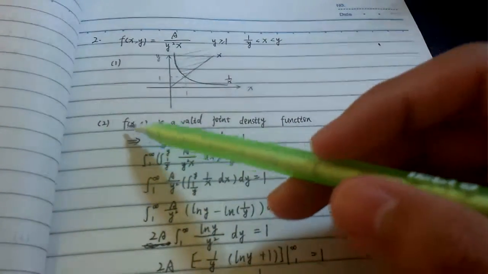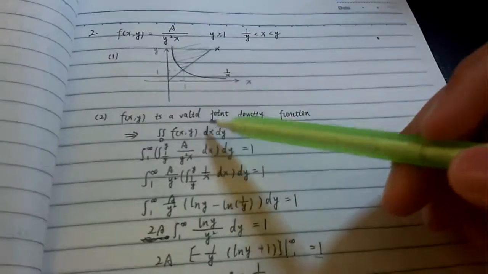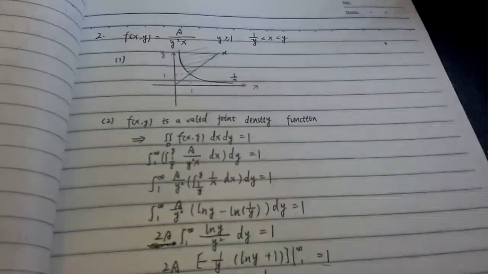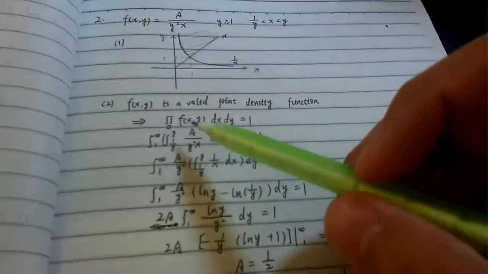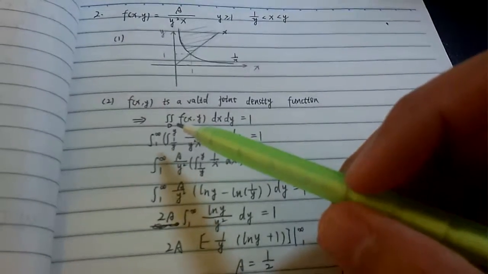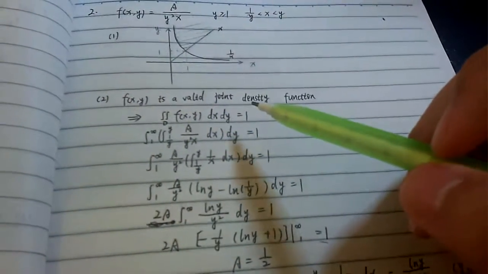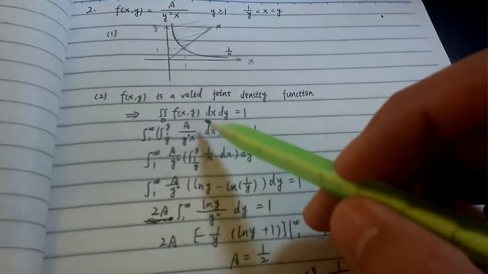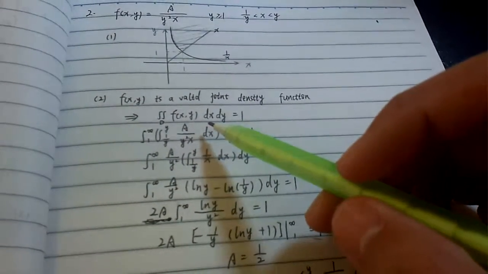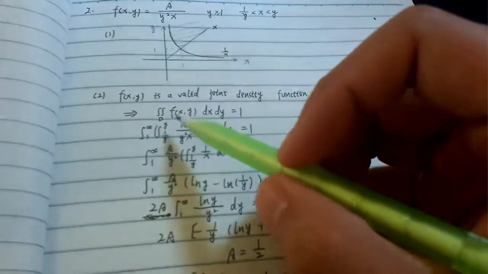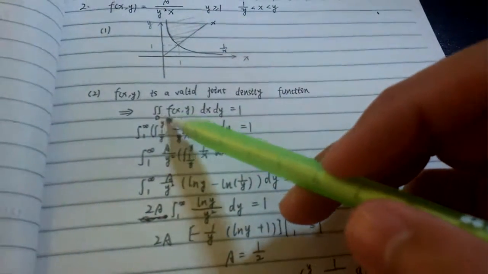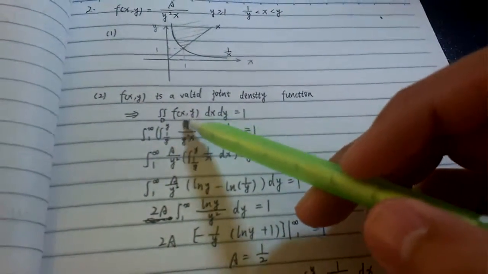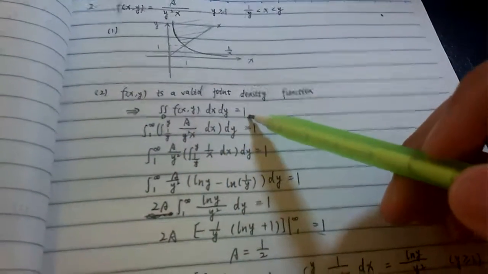it is said f_XY is a valid joint density function. So from the definition of a density function, the double integral of f_XY is equal to 1.